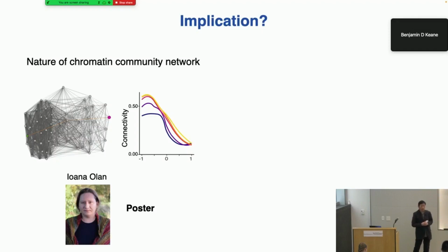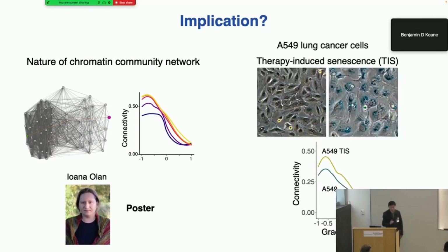Joanna has a poster. She's now looking at the network vulnerability or resilience and so on. So it would be great if you could talk with her; I'll just leave it to you. But one last piece of information here.